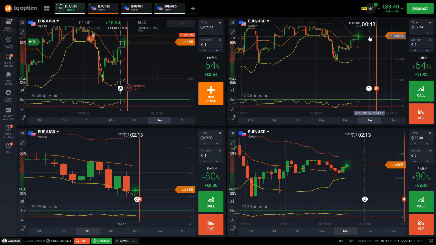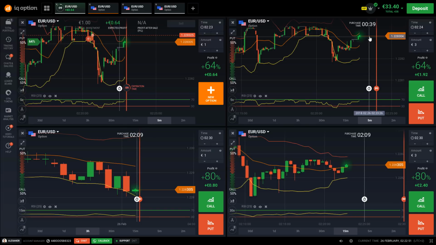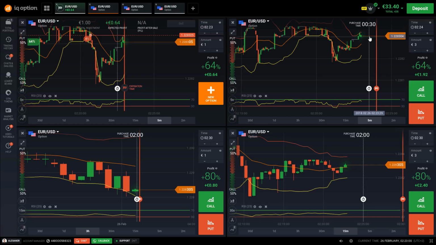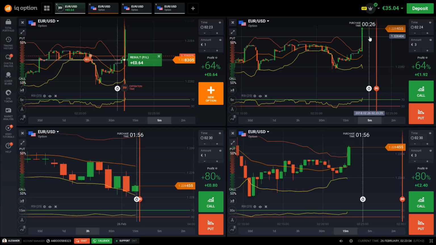And it hasn't reached the top RSI limit, so it's still growing. It's a matter of the timing if it expires or not.